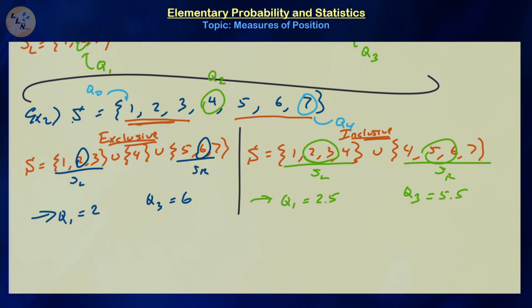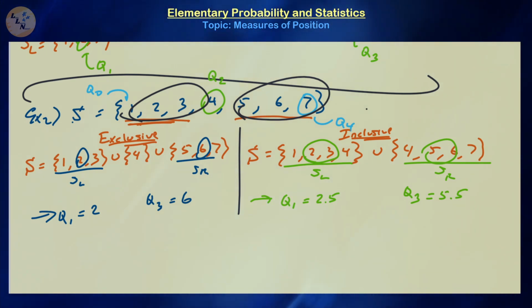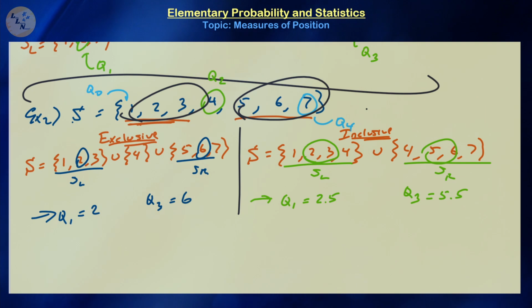So those are the exclusive versus inclusive, which matters only if the cardinality of the set is odd. When the cardinality of the set is even, exclusive and inclusive give you the same answer because there's no distinguishability between the two. All right, so that is the inclusive versus exclusive approaches for finding inner quartiles and also center quartiles.